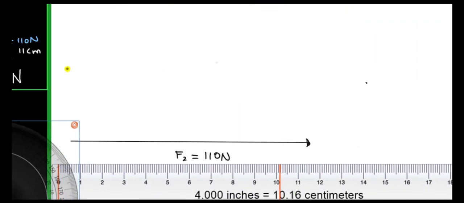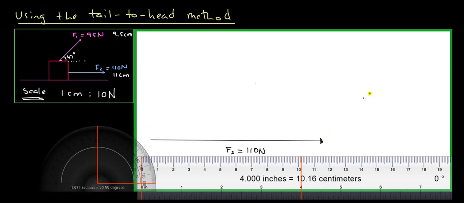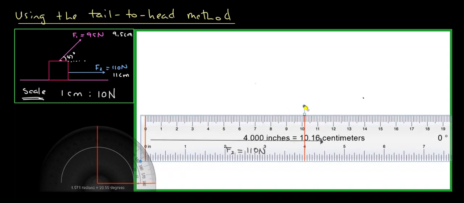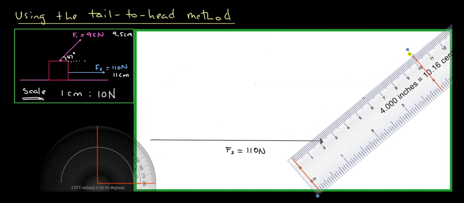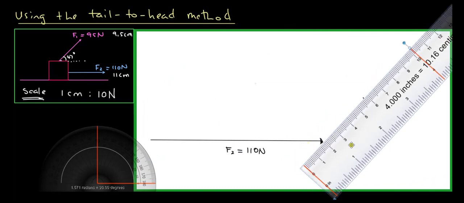Then I remove my protractor, and I'll simply connect these two points together. So take your ruler, line up the points there. There we go.